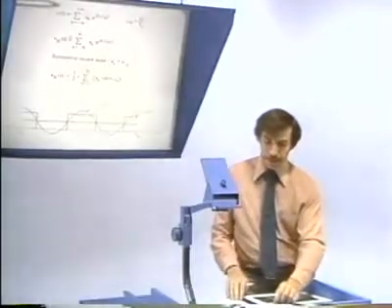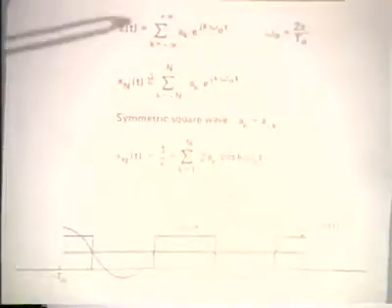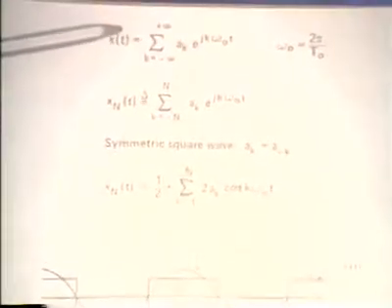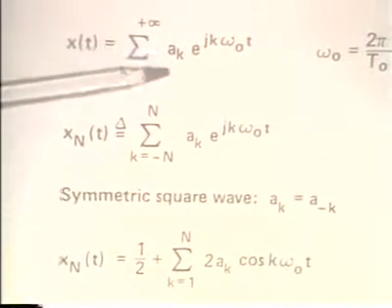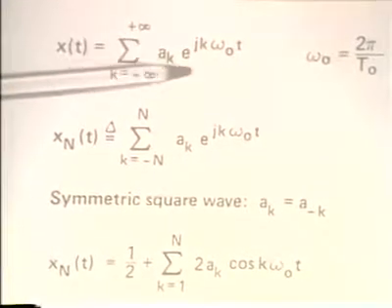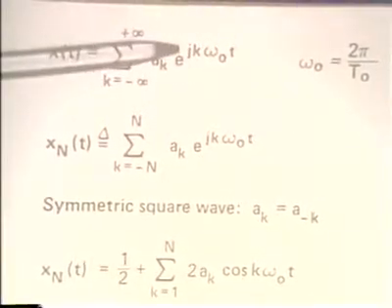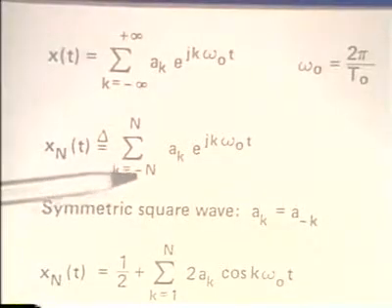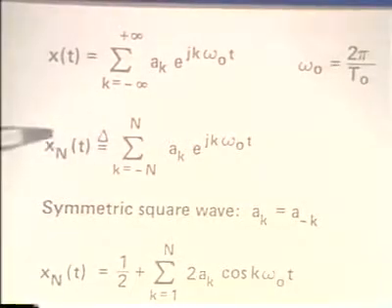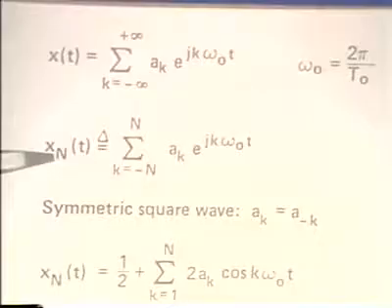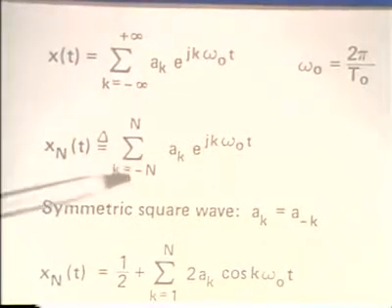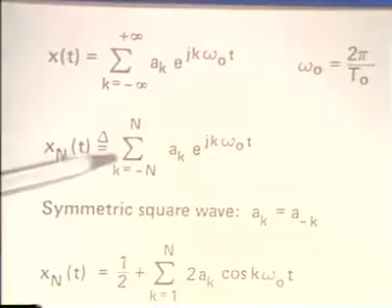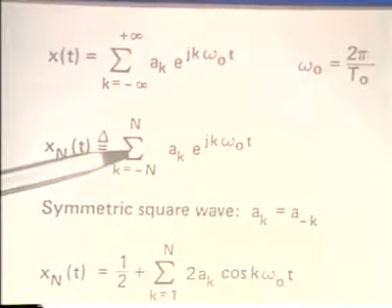So here we have the expression which is the synthesis equation telling us how x of t could be represented as complex exponentials if it can be. And let's consider just a finite number of terms in this sum. And so x sub n of t, of course, as n goes to infinity, approaches the infinite sum that we're talking about. And although we could do this more generally, let's not.